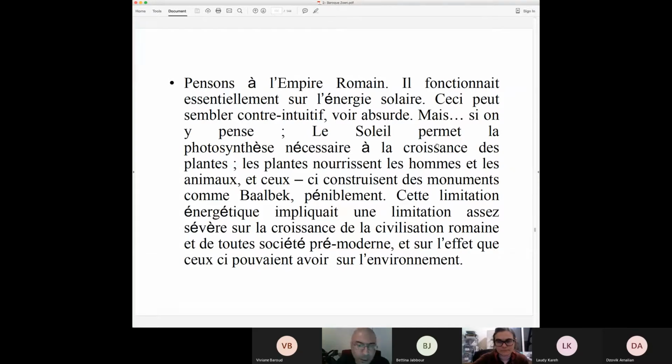Basically, the sun allows photosynthesis. Photosynthesis is the process necessary for the growth of plants. It's basically synthesizing, turning energy into one of the elements of the nutrition of the plant. So the sun is, we know this, what allows the plants to grow.